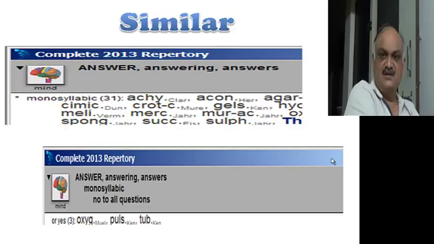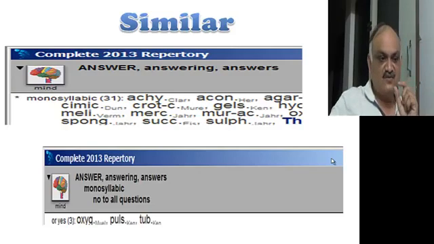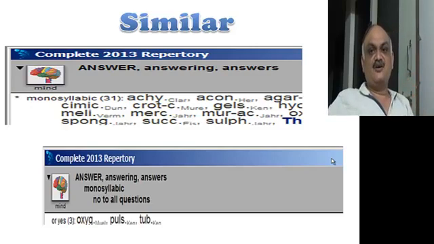So this is similar, like person replies yes or no. So we pick up that word yes and no from the expression, and we find out the rubric for yes and no. But what is the meaning of monosyllabic? Mono means single, syllabic means word. So any person gives answer in single word, yes, no, okay, right, perfect, then you can select monosyllabic rubric.